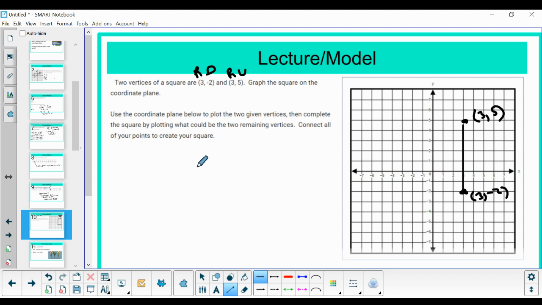Use the coordinate plane to plot 2 given vertices, then plot the rest of the square by plotting the remaining vertices. Okay, so we need to figure out how far away our points need to be. If it is a square, all sides are the same.